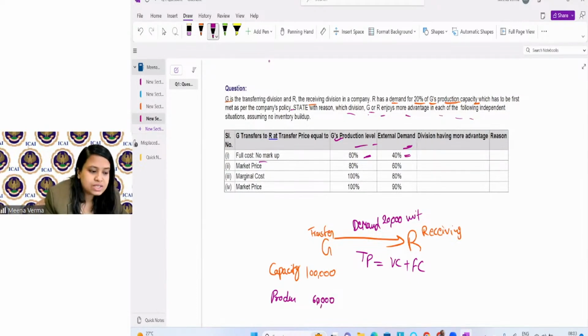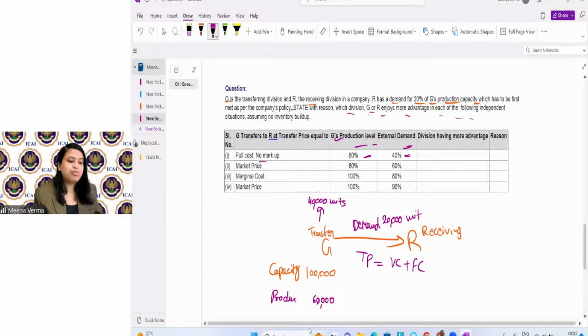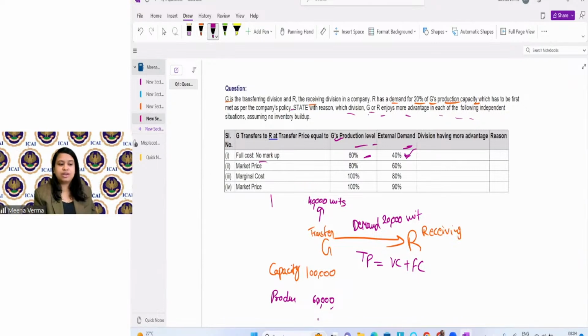Out of these 60,000 units, they are selling 40,000 units to the outside market. Now they have a demand from the receiving division of 20,000 units, and they are transferring the goods at variable cost plus fixed cost.